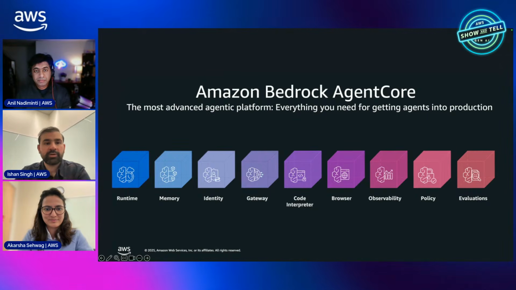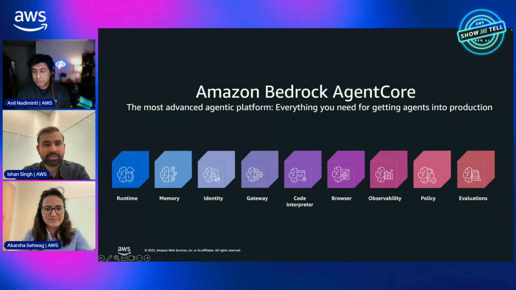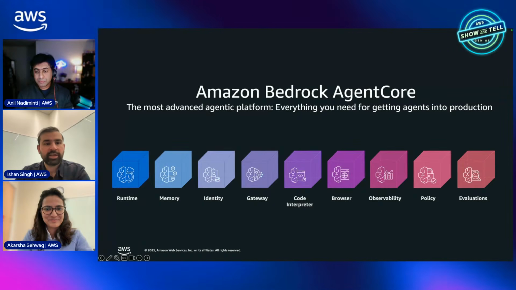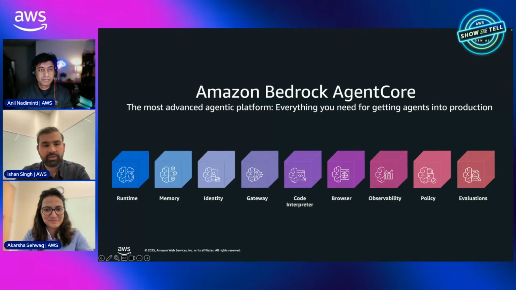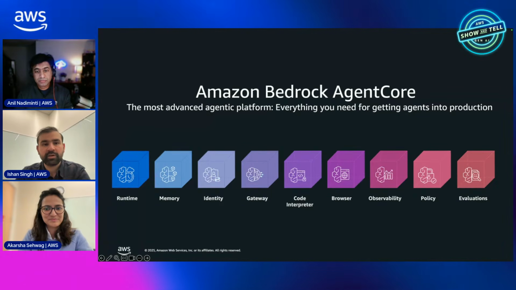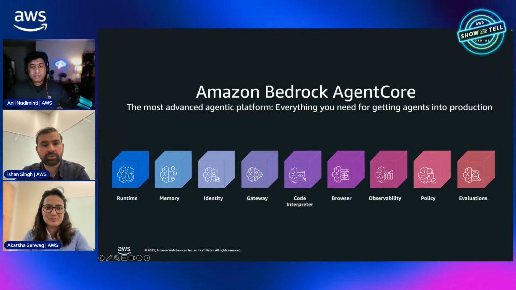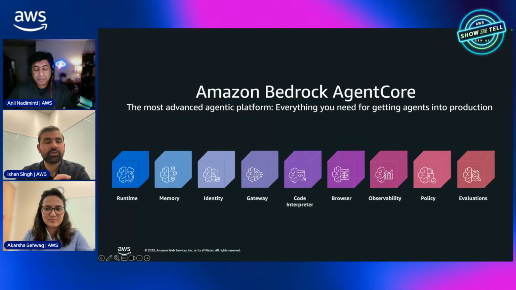Amazon Bedrock AgentCore has been out for a while now. We launched this in preview, I think July last year, and then it went GA. And among the offerings of AgentCore, we have now added evaluations, which sits with observability. And I think, Anil, as you mentioned, last week you had a deep dive session on AgentCore observability.